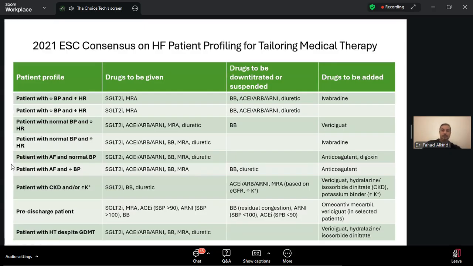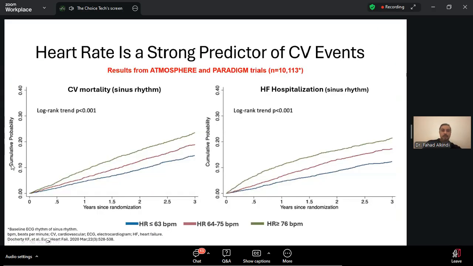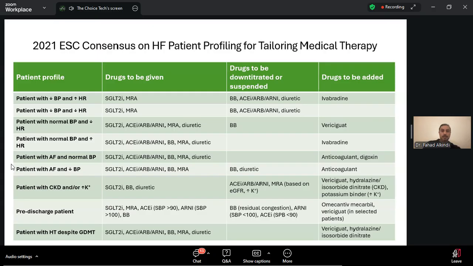Again, the slide is not moving here. So this is a very nice table. It can guide you to tailor your medical therapy according to the patient's profile.